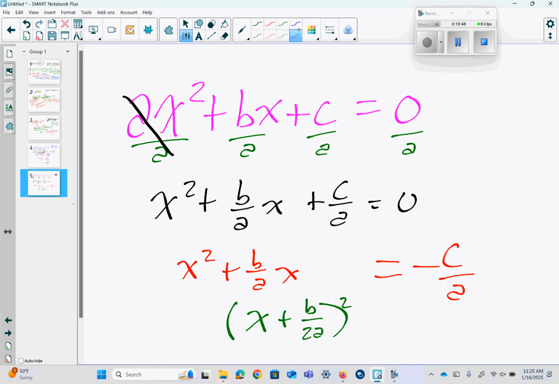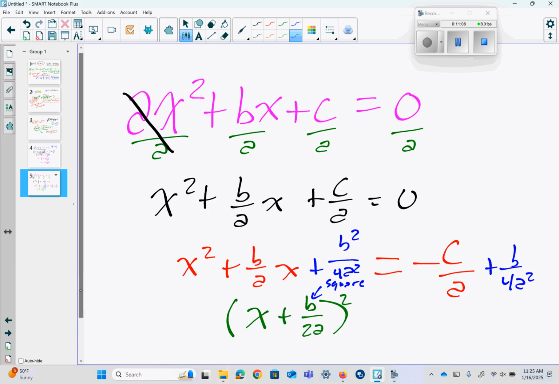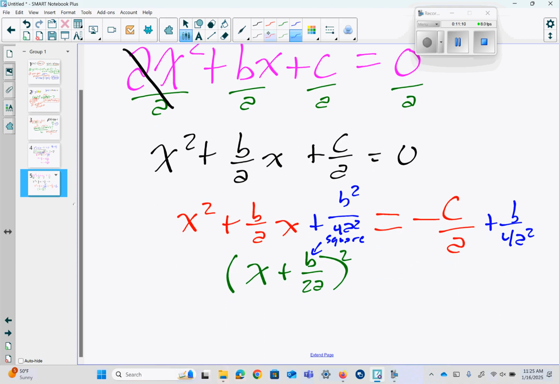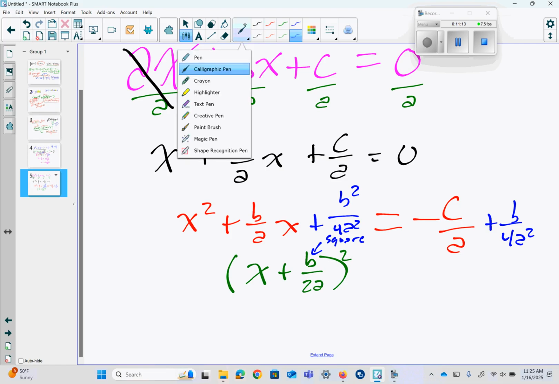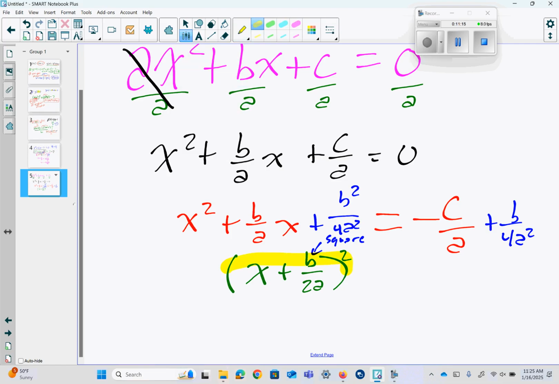If I square this, you get b times b, which is b squared. 2a times 2a is 4a squared. If I add b squared over 4a squared to one side, I have to add it to the other side, so I get there. So this, if I FOIL this out, I get this.